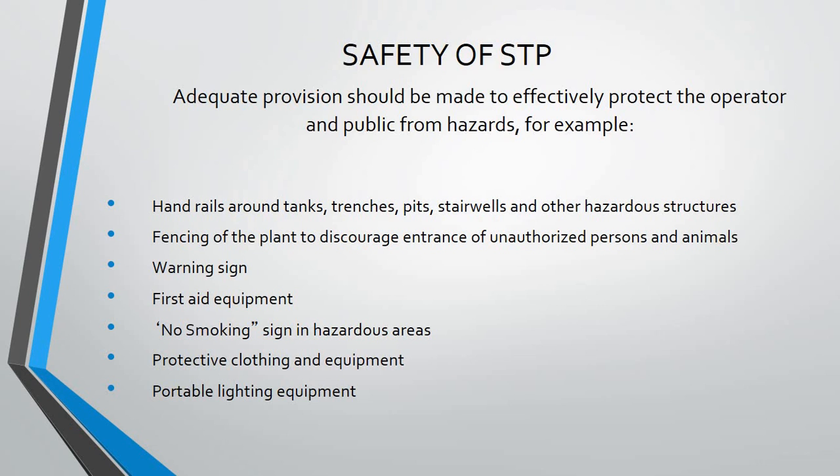Warning signs, first aid equipment, all of these things have to be provided for the engineers and the labor inside the plant. No smoking is allowed in the treatment plants. Protective clothing and equipment, of course, and finally some portable lighting equipment. This is for emergency cases.